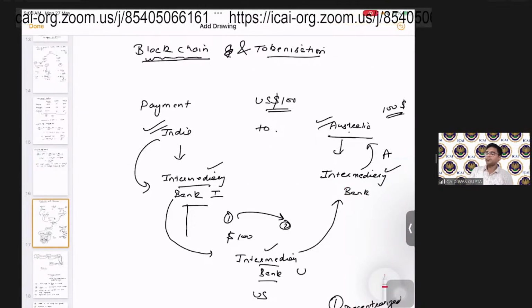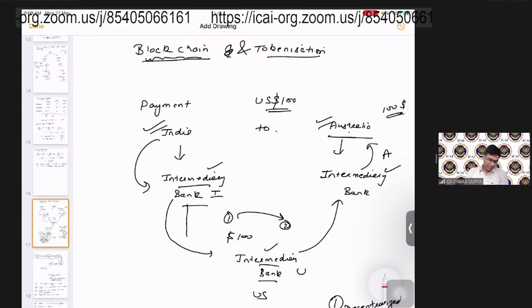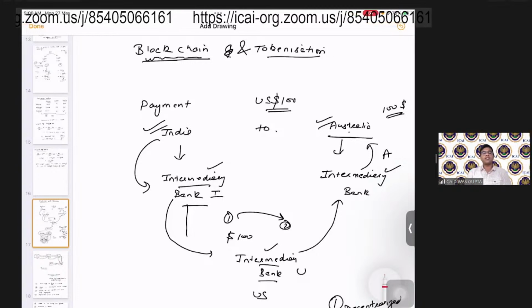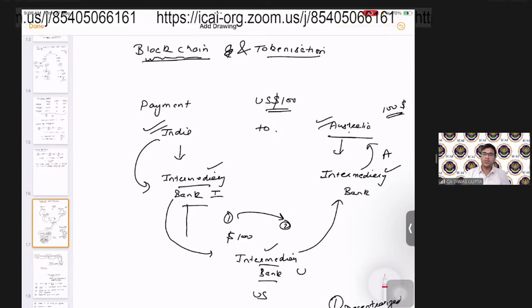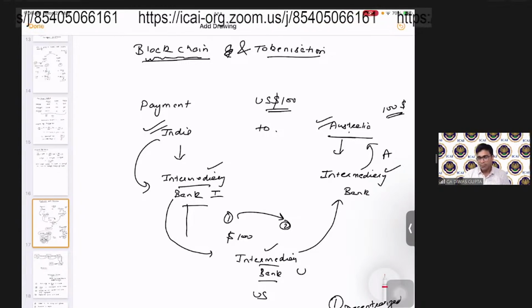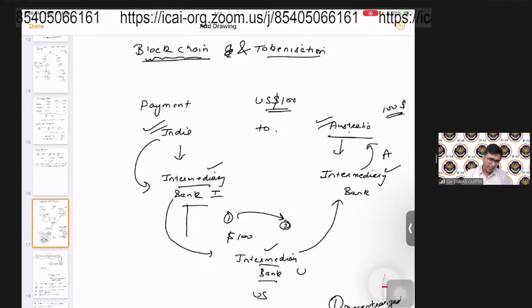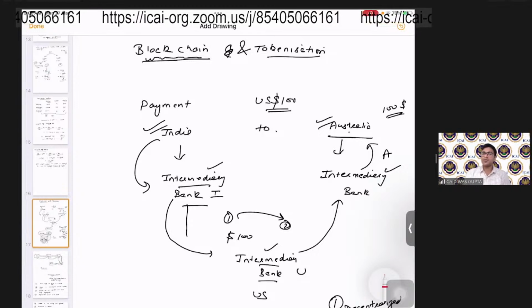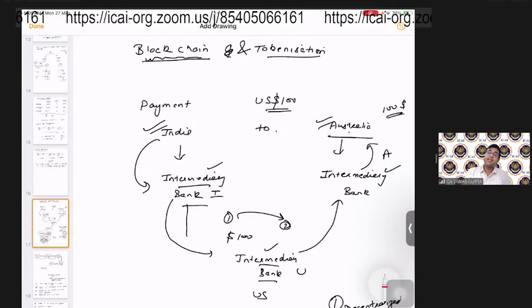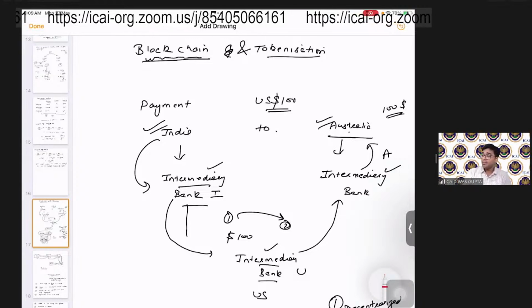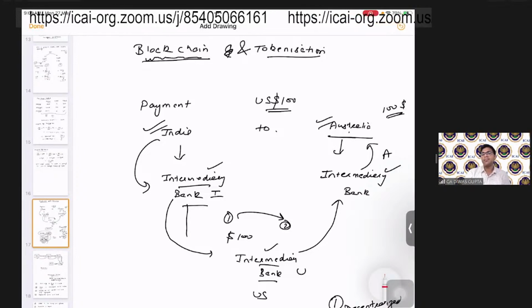Yes, students. Now, this is an interesting discussion on blockchain and tokenization. I would request all of you to please contribute your thoughts on what you think a blockchain is. Anything that comes to your mind, because in today's environment, it is very interesting to understand what a blockchain means, right?